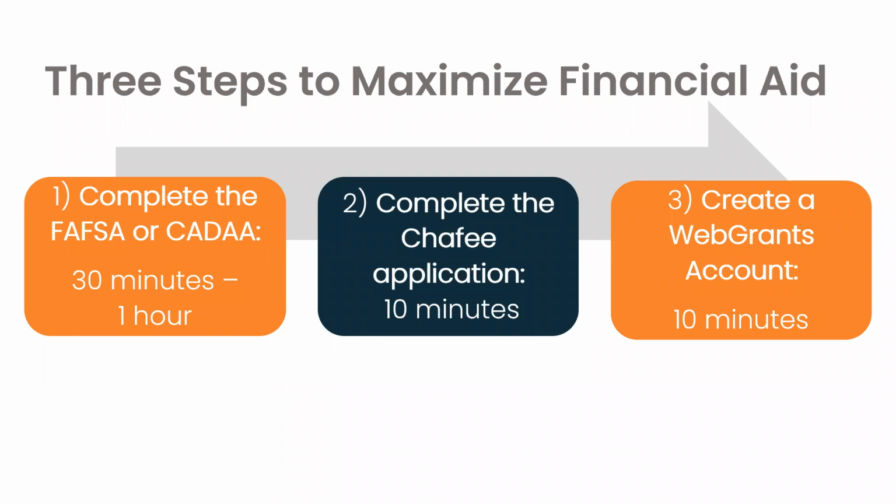We actually recommend that when you're working with a young person, you fill out both of those applications at the same time. The third step is creating a WebGrants account. In our webinar today, we're going to talk about all these three key steps, but just for you all, if you're trying to think about how to schedule and manage your time, you probably do want about an hour set aside to assist you through the application.